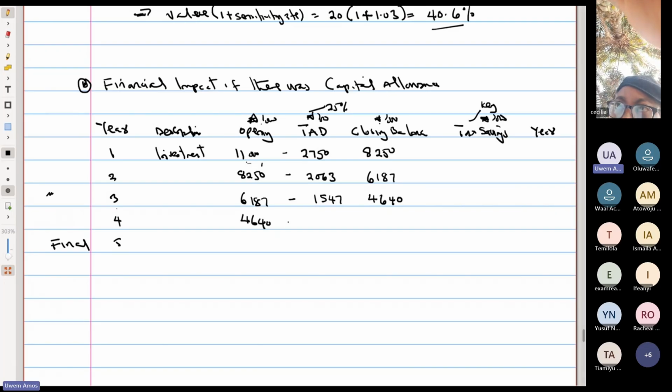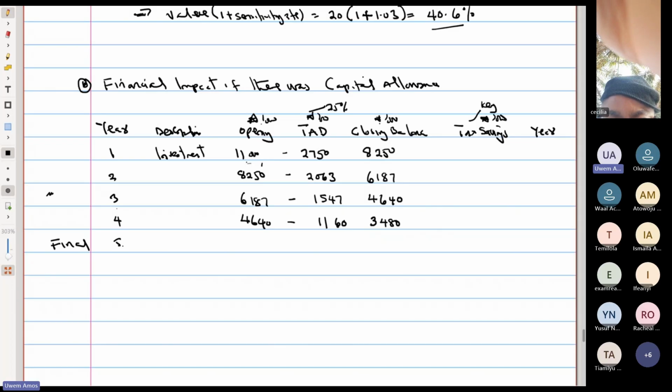Closing becomes the opening: 4,640. 25% of that is 1,160. So 4,640 minus 1,160 is 3,480. In our final year, we'd have a balancing charge or a balancing allowance.